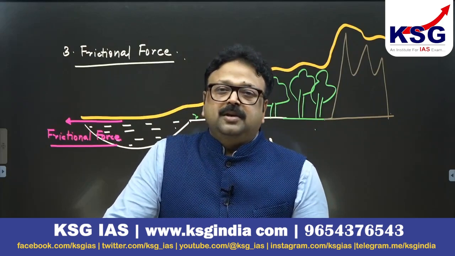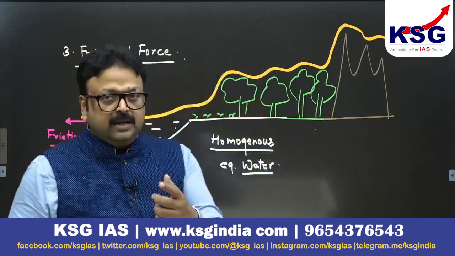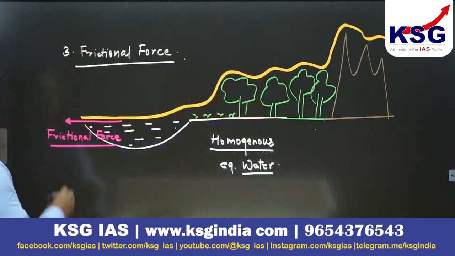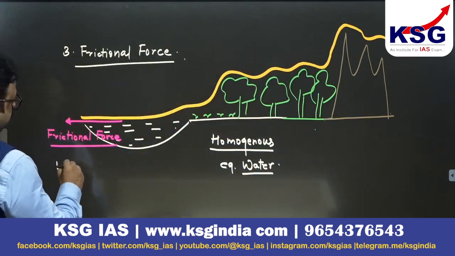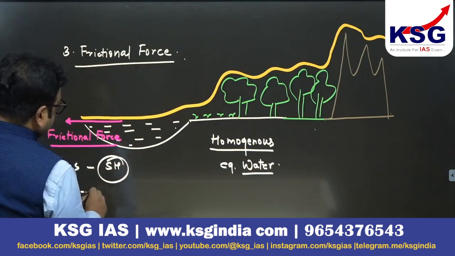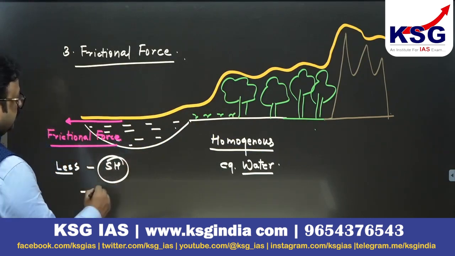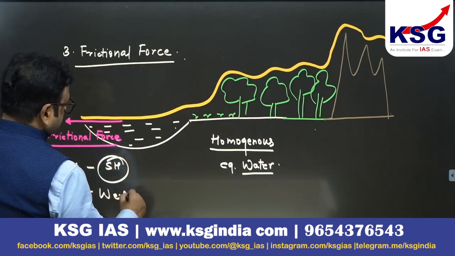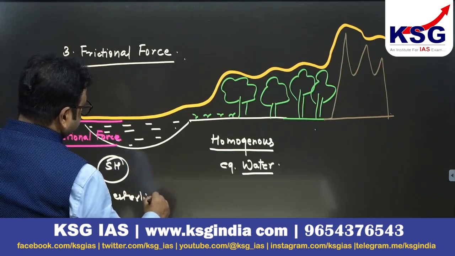Why? Because they are so strong. Why are they so strong? Because frictional force is going to be less in the southern hemisphere, and that's why the southern hemisphere westerlies have different names.